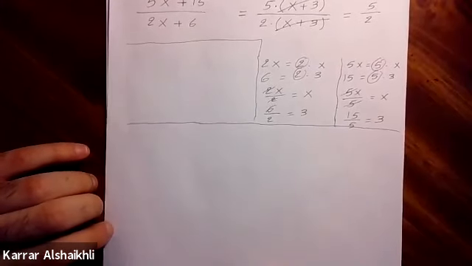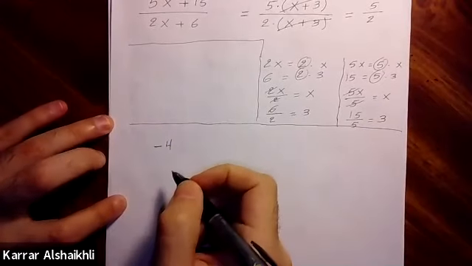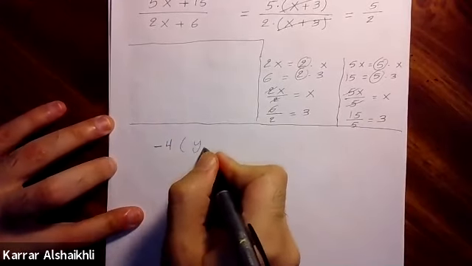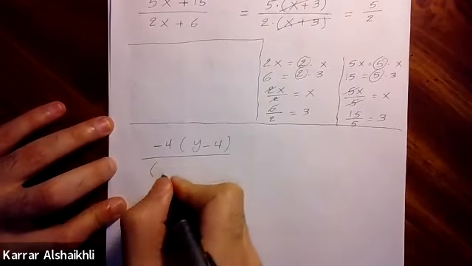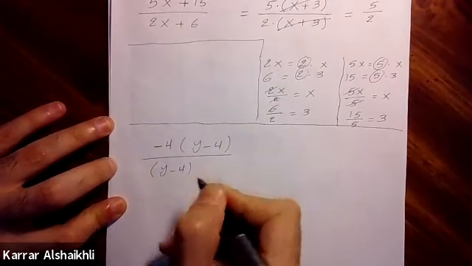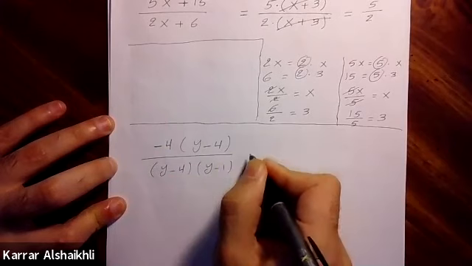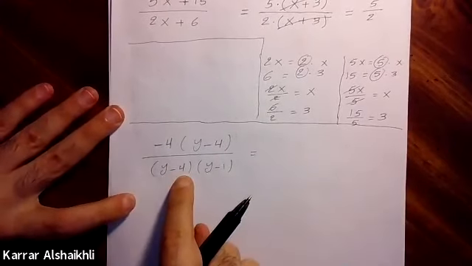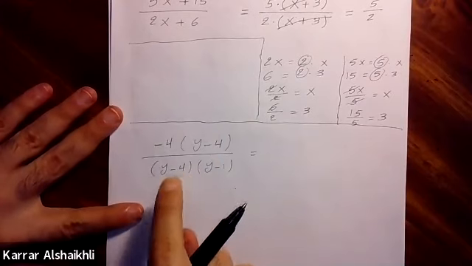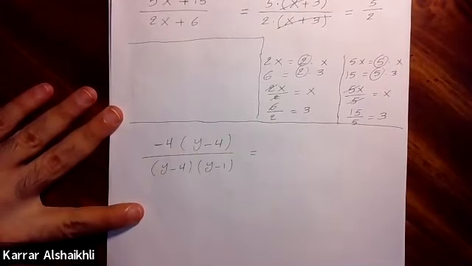If we have y, I want to say -4, y minus 4 over y minus 4, y minus 1. Now we're going to simplify this expression to the lowest term. Now tell me, what's the operation between -4 and the parentheses?